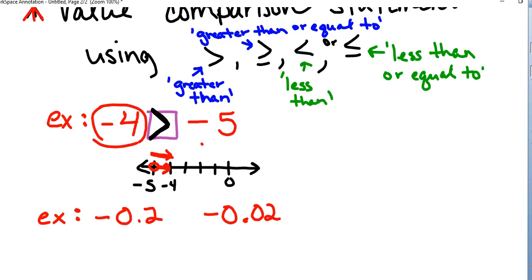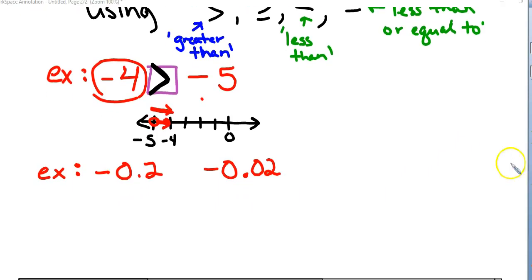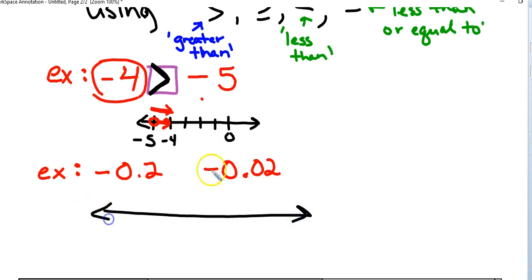We have -2/10 and -2/100. Again, first I have to picture this on a number line. And it's perfectly acceptable to draw yourself a number line here. So here's 0.